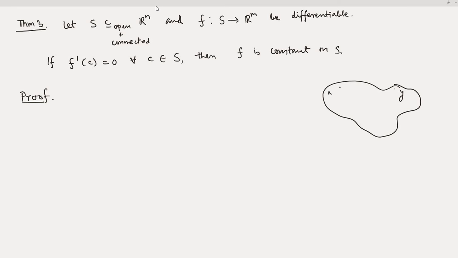If you can join them by a polygonal path, that is, piecewise line segments, then it is called polygonally connected. So S open plus connected implies S is polygonally connected.